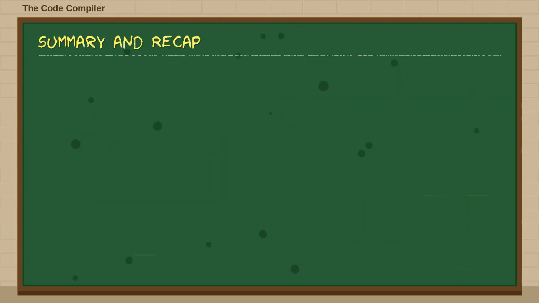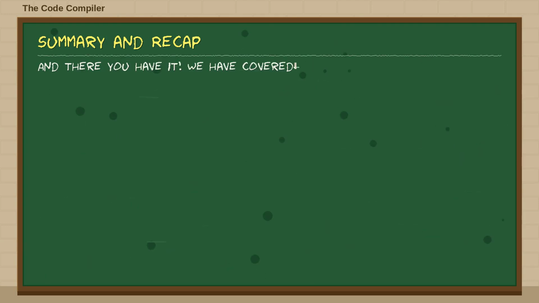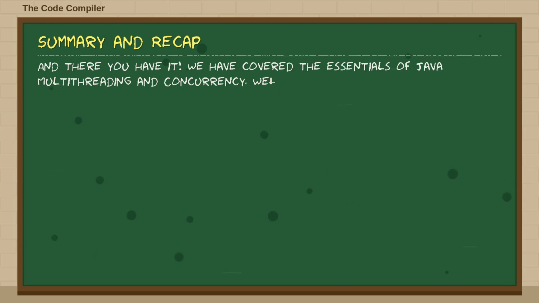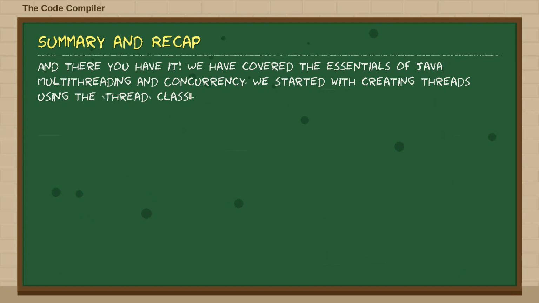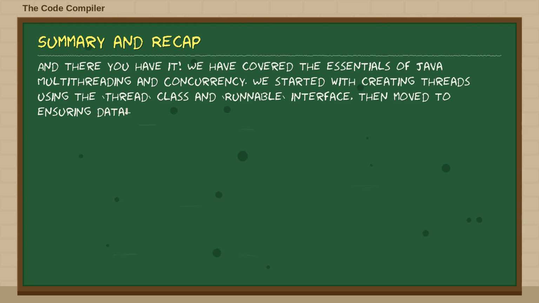And there you have it. We have covered the essentials of Java multithreading and concurrency. We started with creating threads using the Thread class and Runnable interface, then moved to ensuring data integrity with the synchronized keyword.